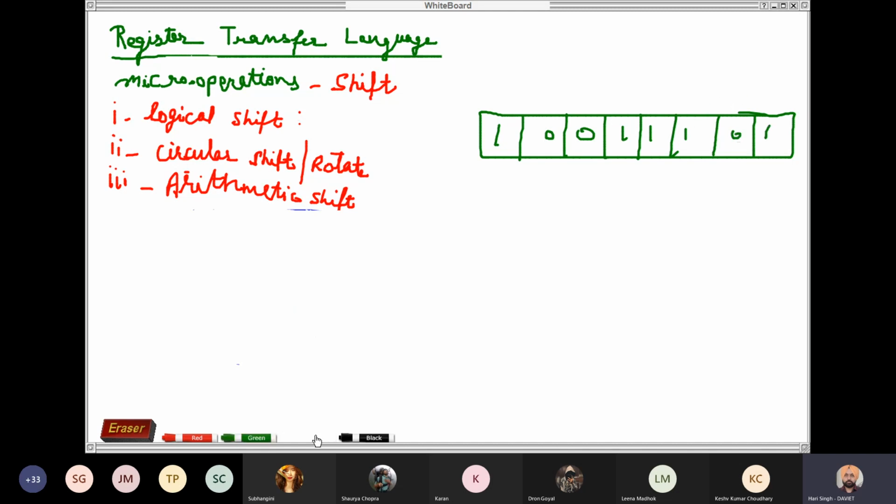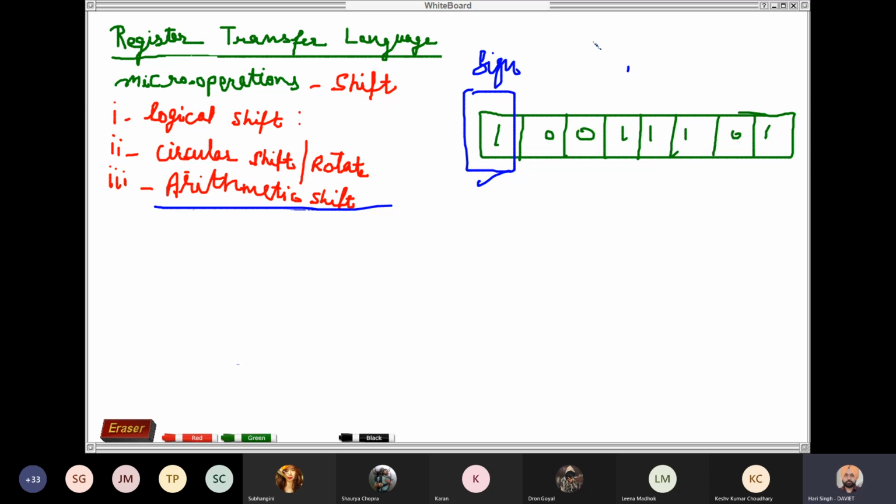In this register, this MSB represents the sign bit. So in arithmetic shift operation, the sign bit is retained by the microprocessor, and the rest of the bits participate in shift operation.